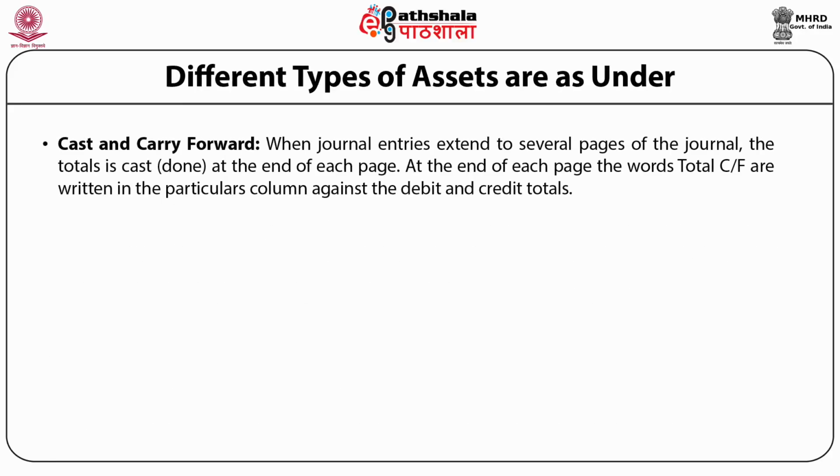Cast and carry forward. When journal entries extend to several pages of the journal, the totals are cast, or in other words, the totals are done at the end of each page.